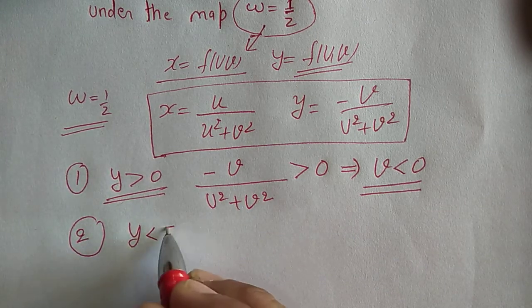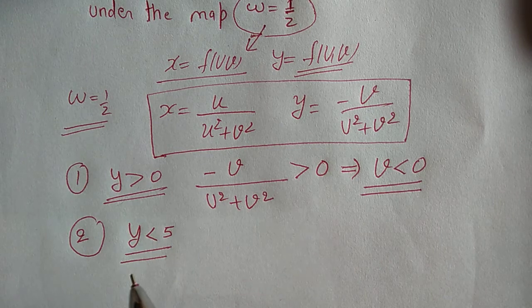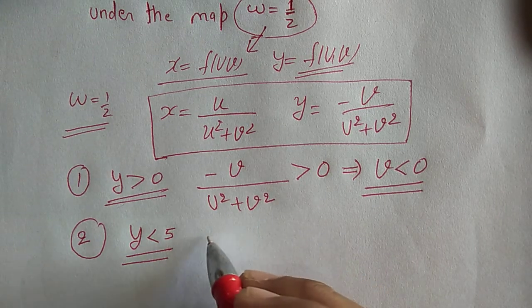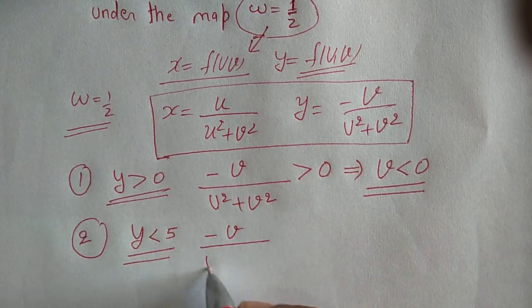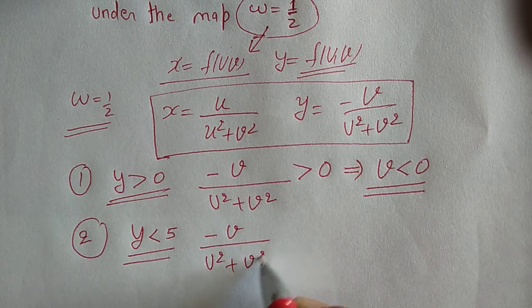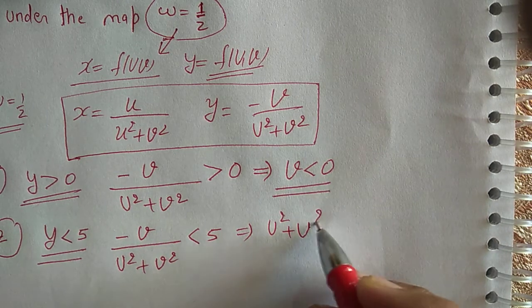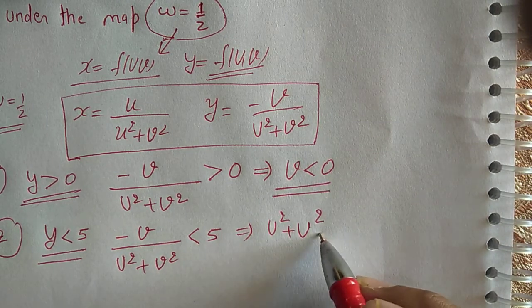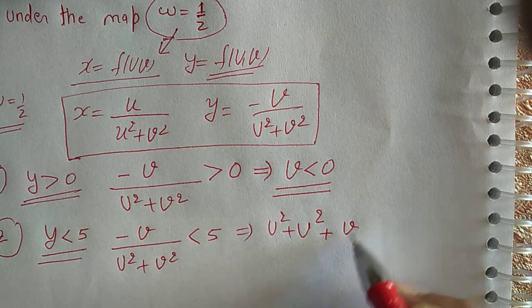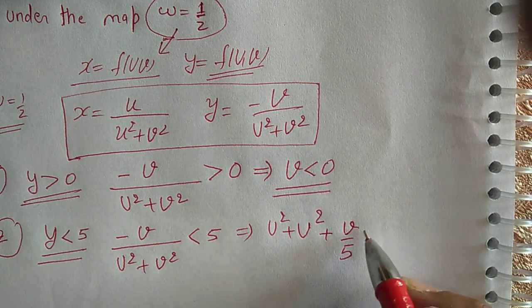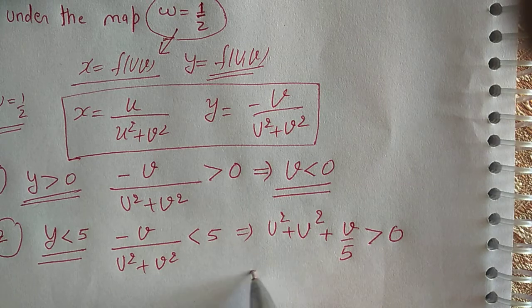And second, we have y less than 5. So y less than 5 means minus v by u square plus v square is less than 5, which implies u square plus v square plus v by 5 greater than 0.